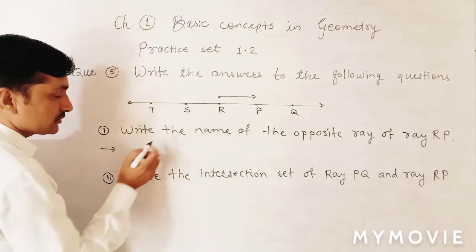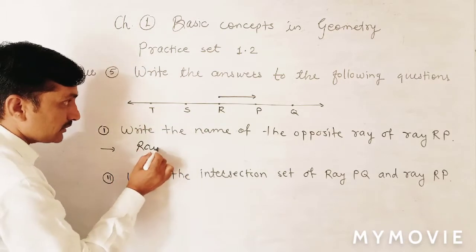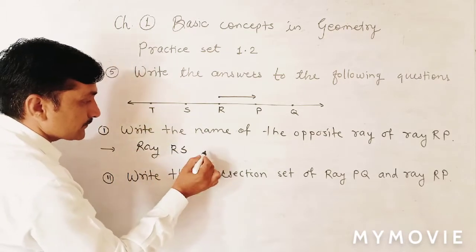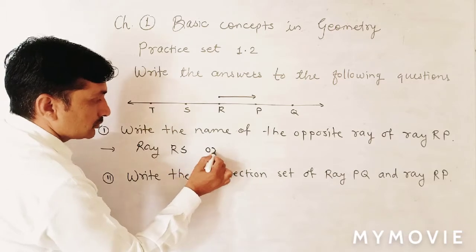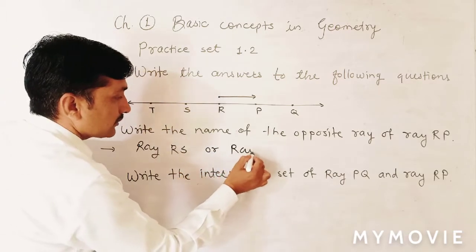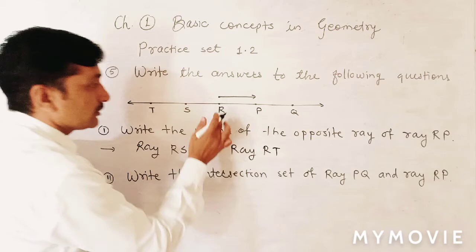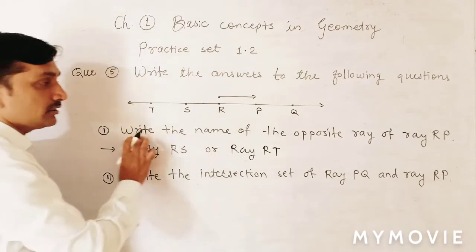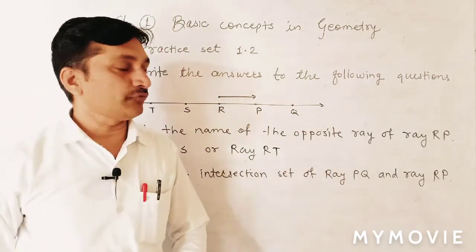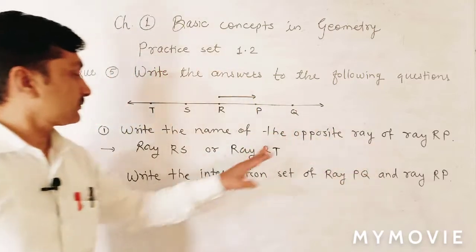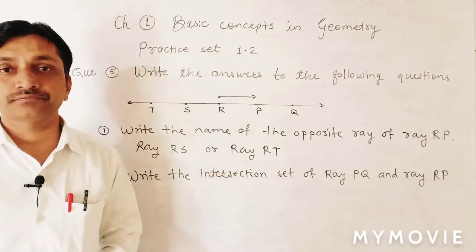These are the two opposite rays. Therefore we can write here ray RS, or we can write ray RT. Ray RS or ray RT are opposite rays of ray RP.